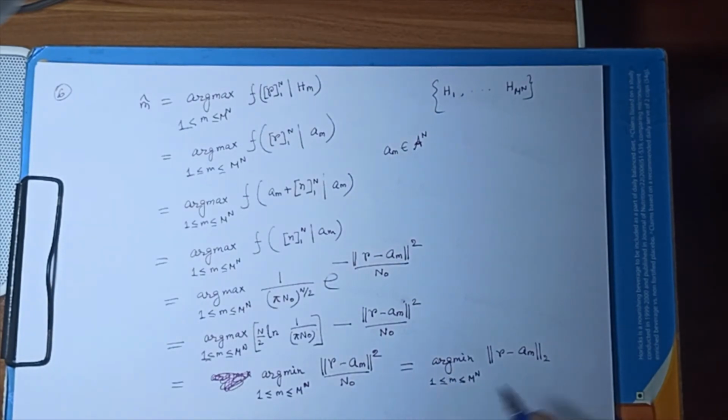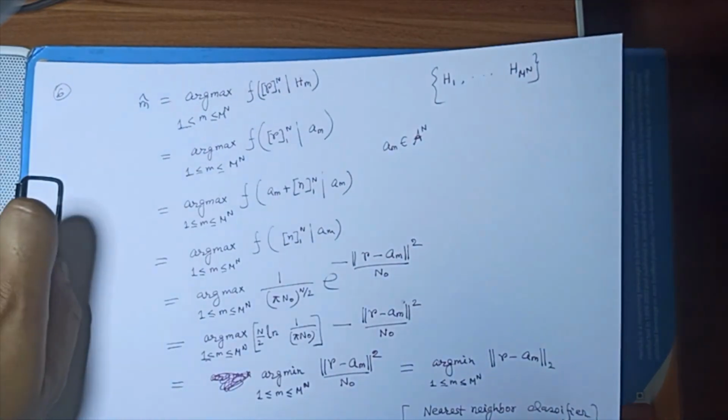In learning theory and pattern recognition literature, it is called the nearest neighbor classifier. From the r, you find out whichever vector is closest to that received r, and choose that. It does not stop there.